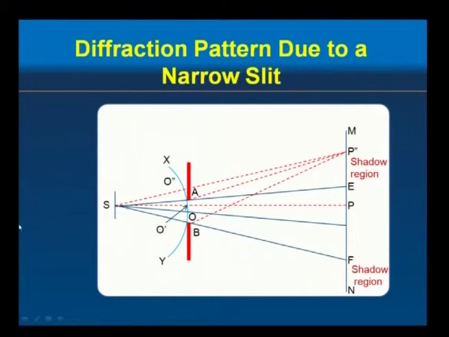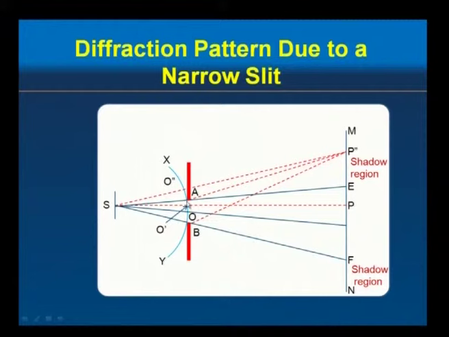I will move on to the picture once again. You find P double prime, that is the shadow region. According to the Newtonian corpuscular theory of light, the intensity at P double prime should be 0 because it is the shadow region.